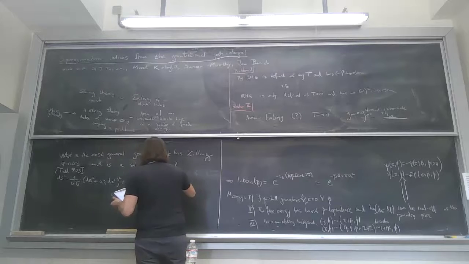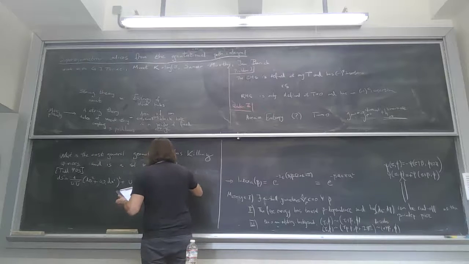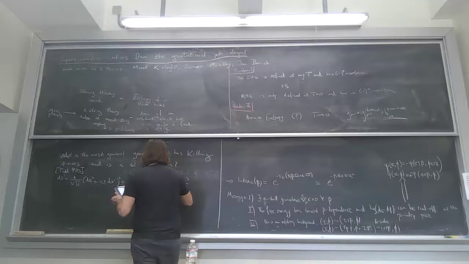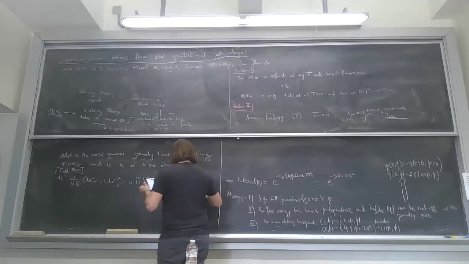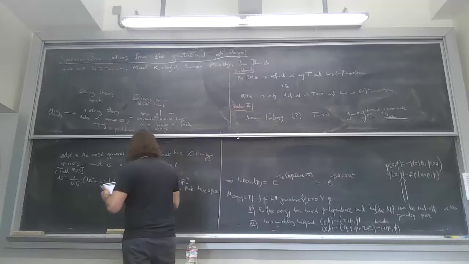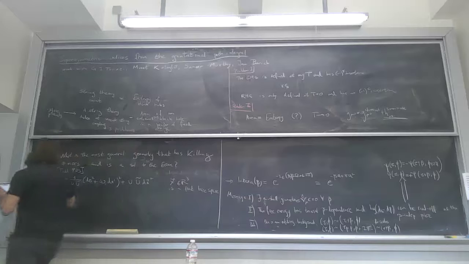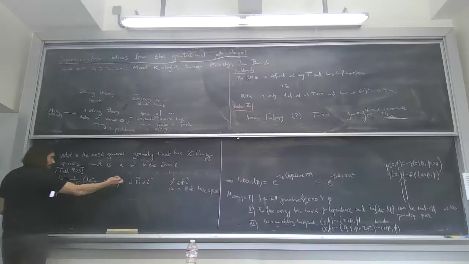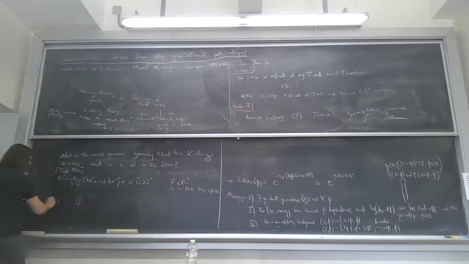Here x is in R³, a flat base space. And if the Killing spinor equation is solved, this function u and ũ turn out to have to satisfy a constraint, which is that u and ũ are harmonic functions on the base space. So u and ũ depend on the vector x.